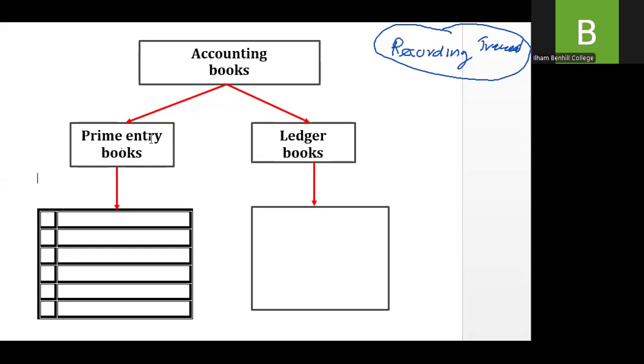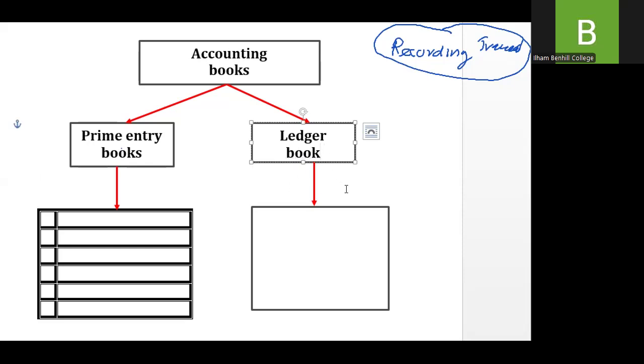Day books, right? I will be explaining about the prime entry books. From the prime entry books, transactions are recorded in the ledger book. According to your syllabus, I would say ledger book, not books.